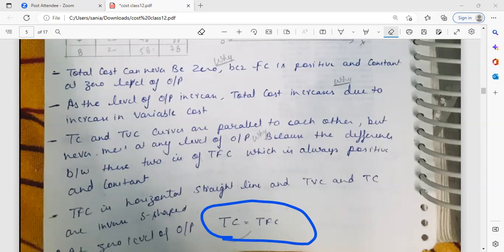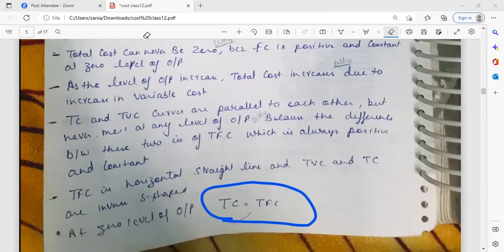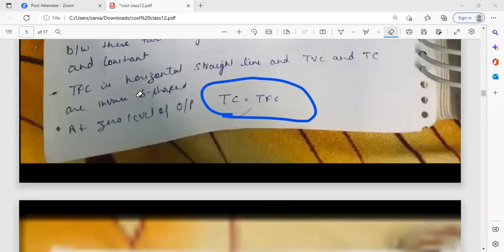Okay, girls, you are also done. Others? Yes, ma'am. Yes, teacher. Okay.